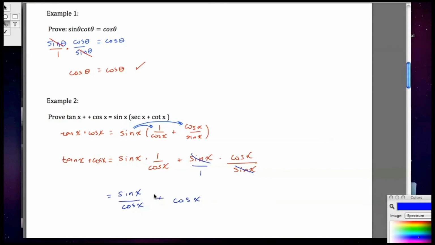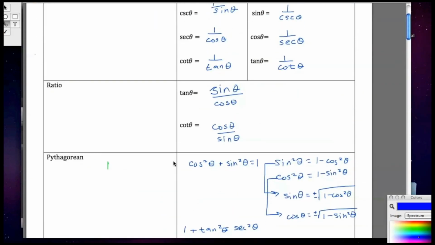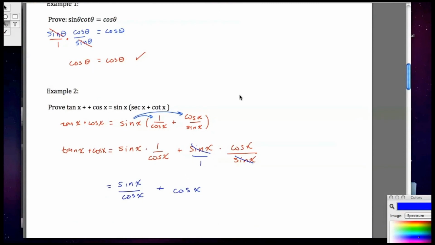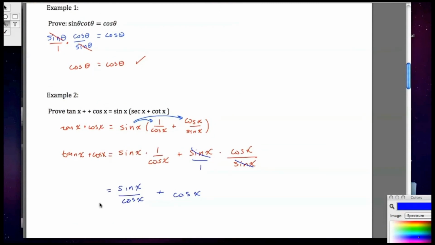And if I look back up at my trig ratio, sine x over cosine x is the same as saying tangent. So I'm going to reduce this to saying that this is equal to tangent x plus cosine x. Well, looky here. Tangent x plus cosine x. Left side equals the right side. Check mark. We are done.